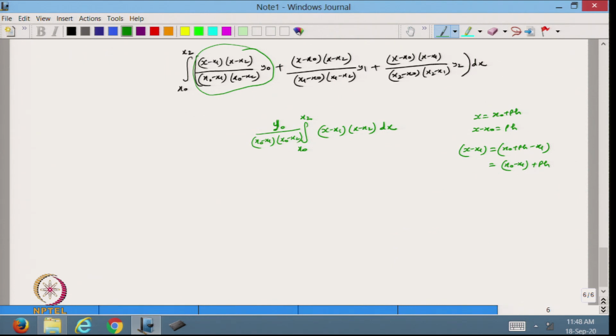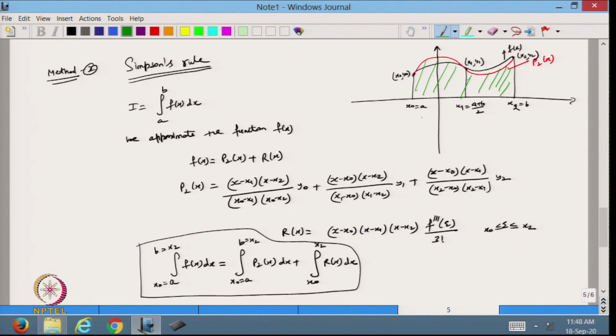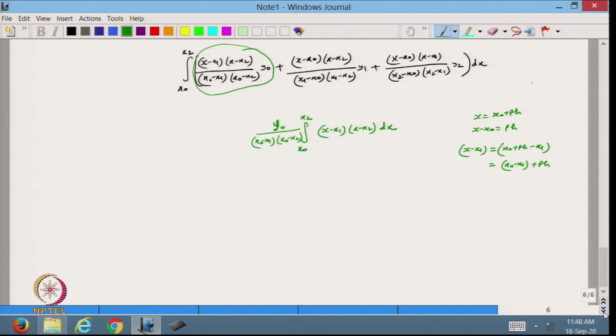Now, I know that x0 minus x1, if you see from the previous one, is equal to minus h, and x2 minus x1 is also equal to h, the distance between x1 and x0 and x2 and x1. So, from here I can write that this is minus h plus ph. So, that can be written as h taken common, this becomes p minus 1.